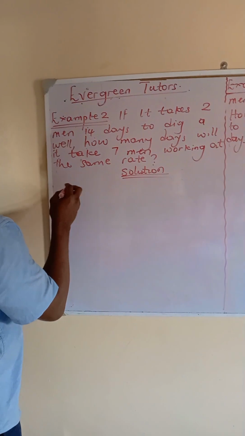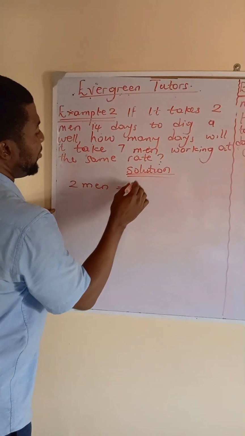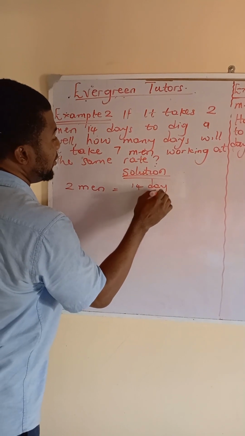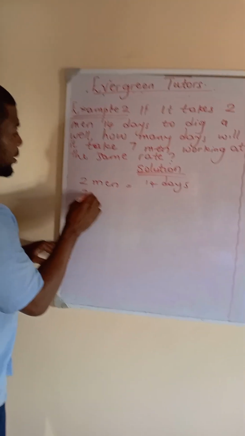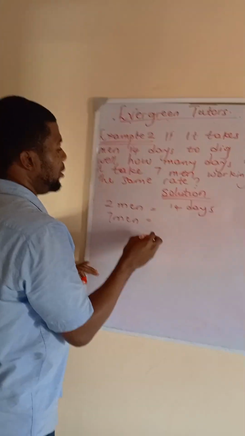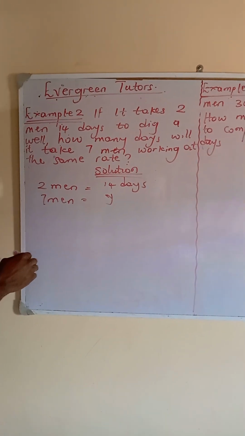Let's solve this. 2 men will give me 14 days. Since we are doing inverse proportion, 7 men, y. I don't know how long it will take.